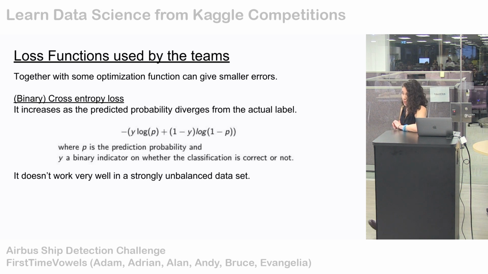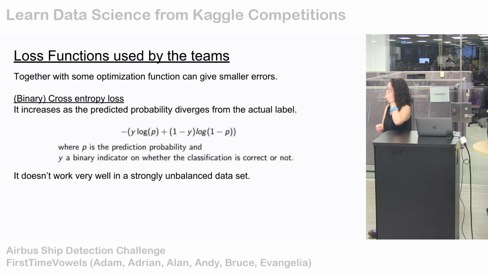Why they helped in this specific competition, in the sense of why they were helpful to distinguish two ships very close to each other? People mentioned that they helped you distinguish these two ships, or just have better masks for ships and stuff like that. For that, I'm not sure I understand it very well. So if there's anybody here that knows why the loss functions would help with that, please.